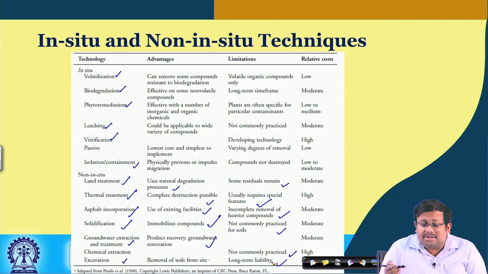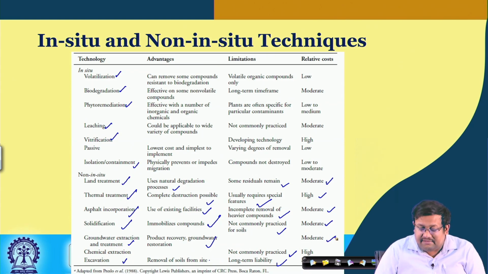If we see the relative cost, obviously land treatment has a moderate cost involvement. Thermal treatment has very high cost involvement. Asphalt incorporation has moderate, solidification has moderate again, and groundwater extraction treatment has again moderate.